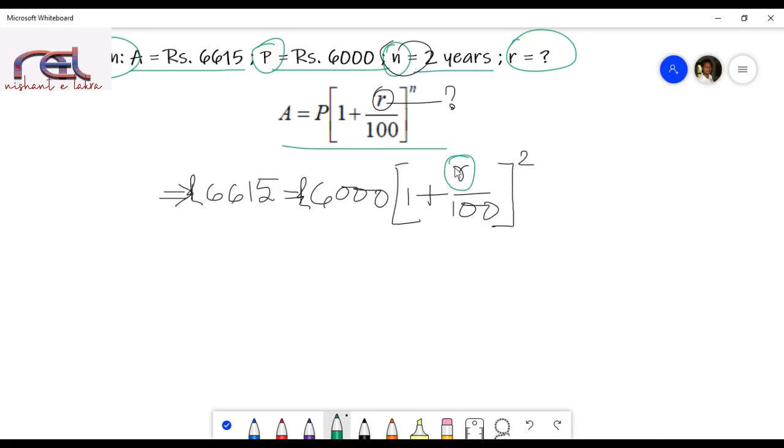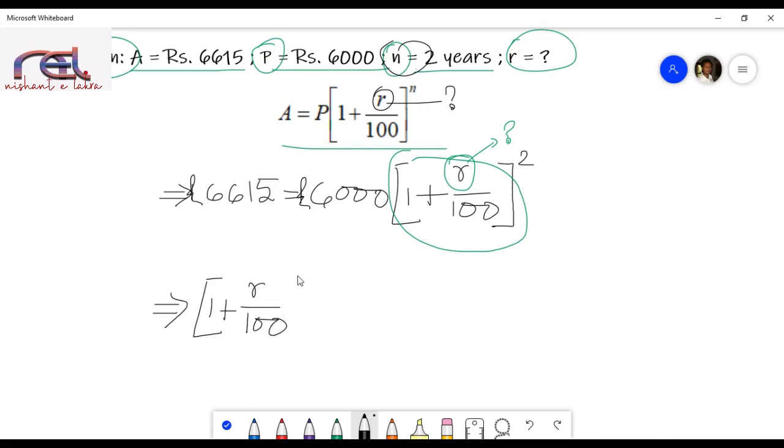The next step is we have to make R the subject, right? That's what we are finding. But this R is with the whole set of fractions, that is 1 plus R by 100 to the power 2. So what we are going to do is we will just move this, separate it from 6,000.